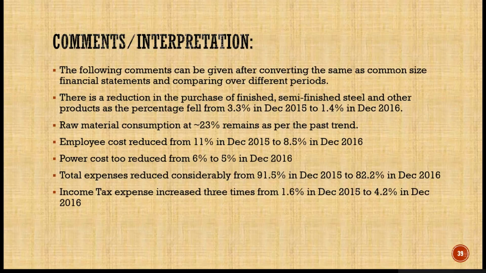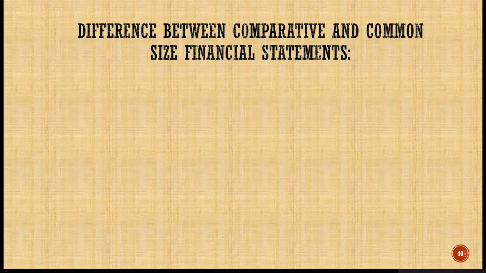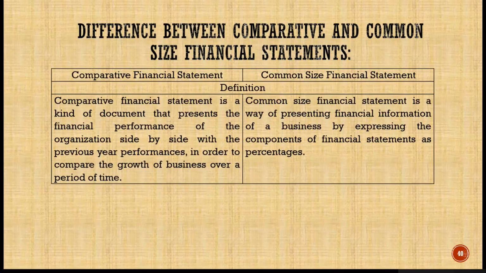Now, moving forward, let us have a look at some of the points of difference between the comparative and common size financial statement. The first point of differentiation is definition. Comparative financial statement is a kind of document that presents the financial performance of the organization side by side with the previous year performances in order to compare the growth of business over a period of time.